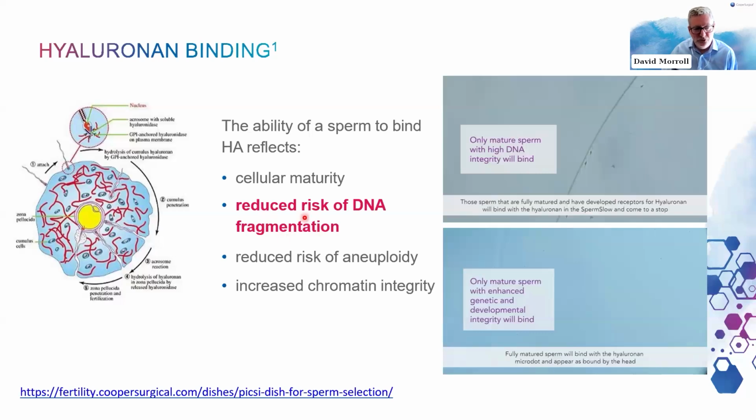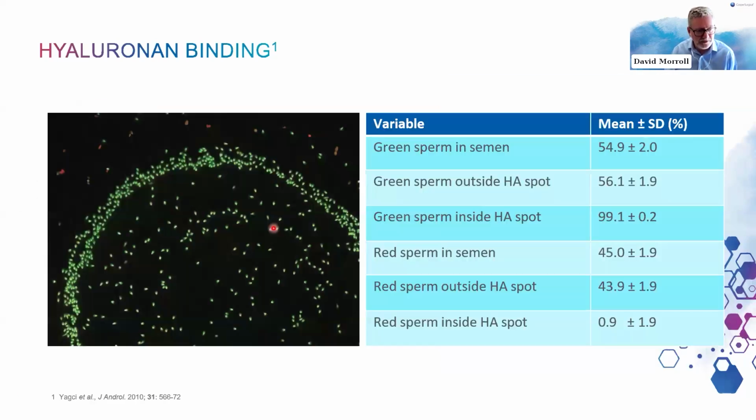And we can use this association between hyaluronan binding and DNA fragmentation to deselect sperm. You know where I'm going with this with the PICSI. I use this slide all the time. I absolutely love it. It's a great little demonstration of how hyaluronan binding deselects DNA damaged sperm.